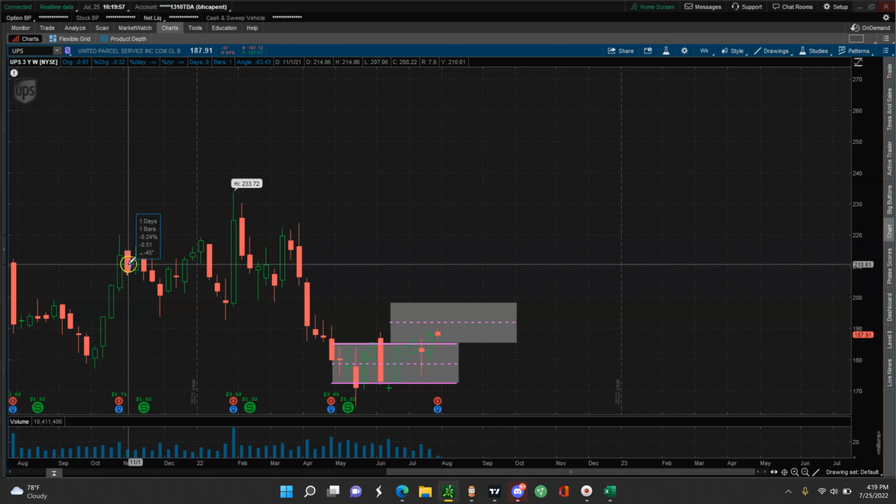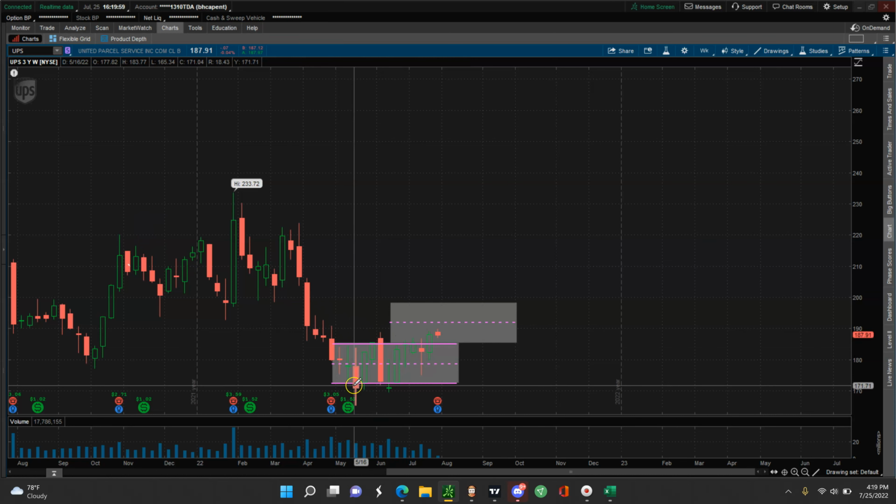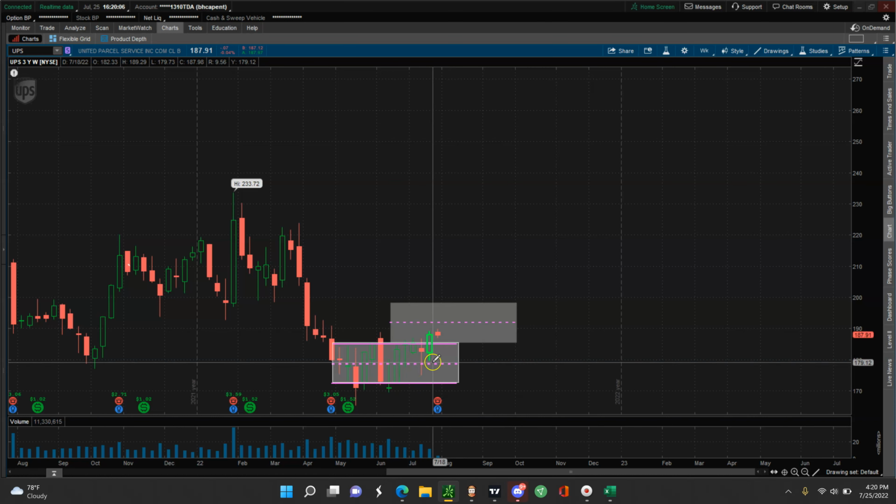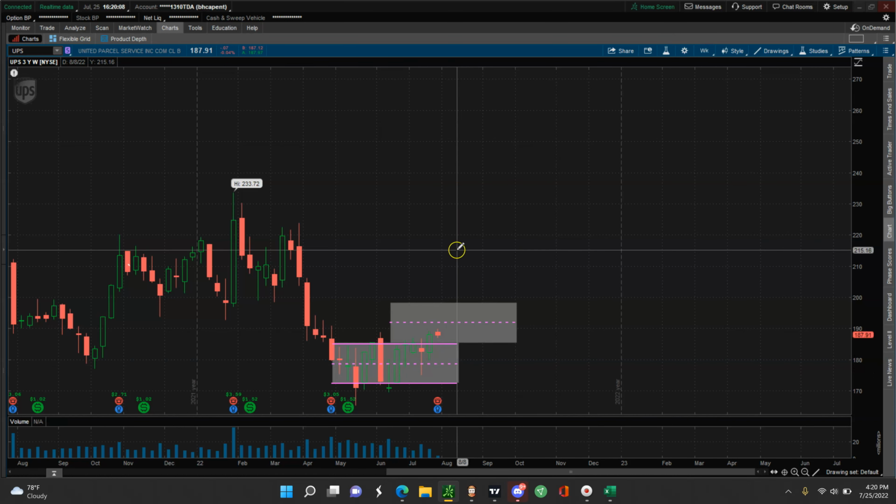So why even risk that? As you can see, every time UPS dropped down to this level, 172 and below, it gets bought up. And keep in mind, this is a weekly chart.